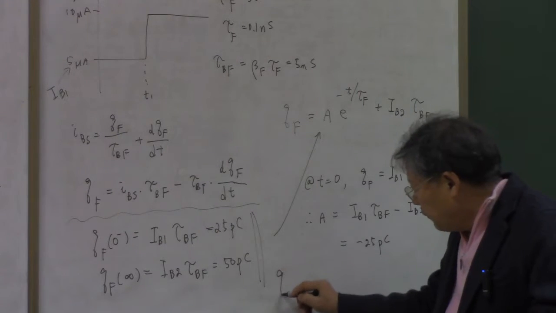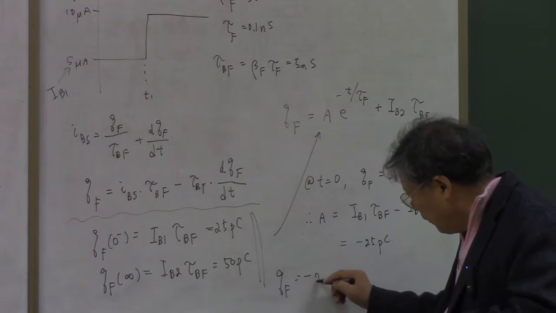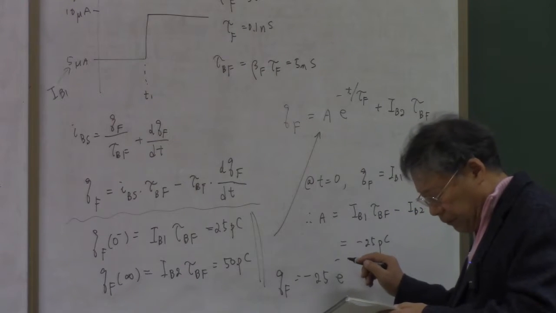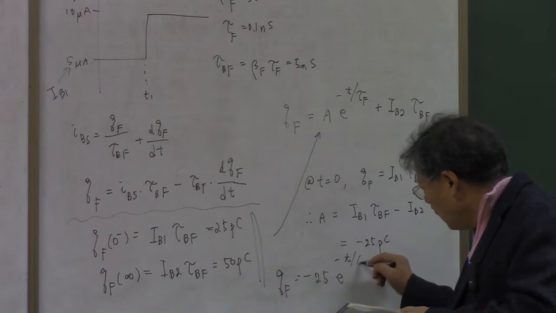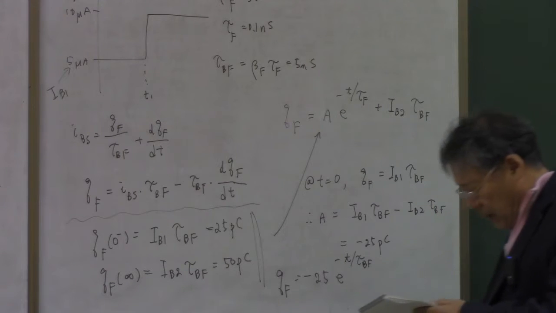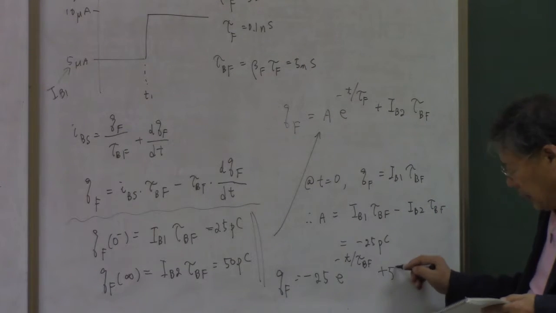So the QF now becomes minus 25 e to the minus t over tau BF plus 50. That is the equation.